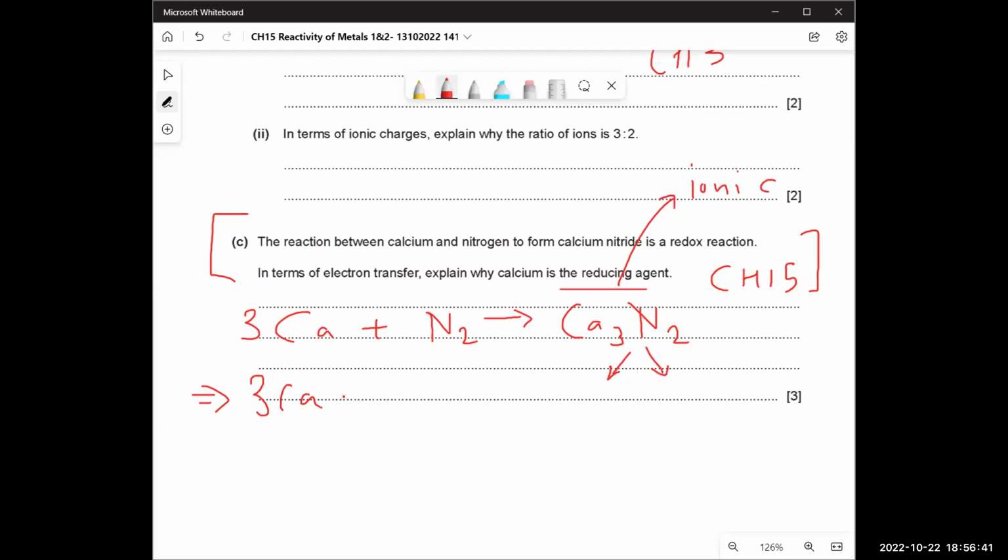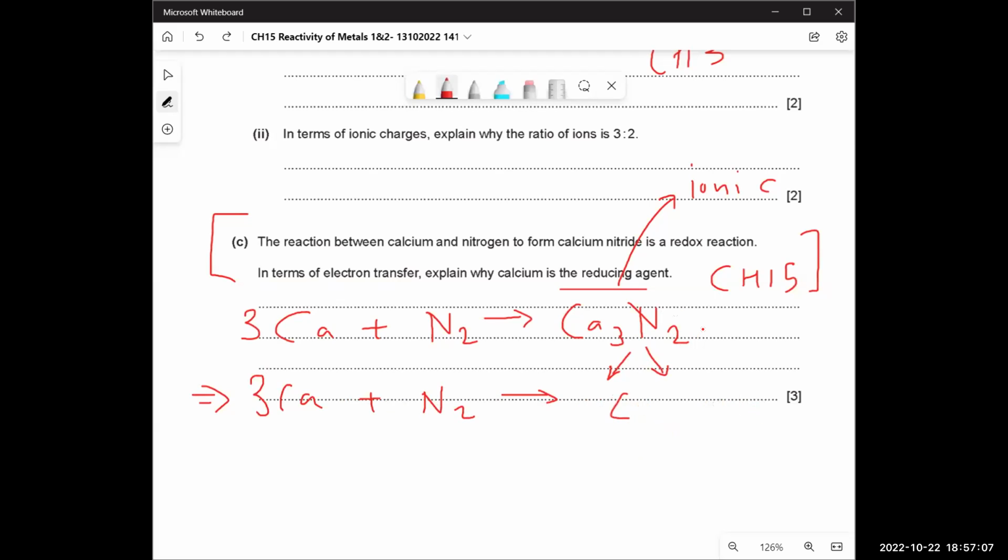From the beginning, 3Ca plus N2, then Ca3N2.